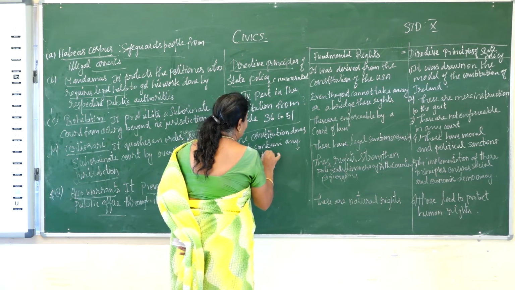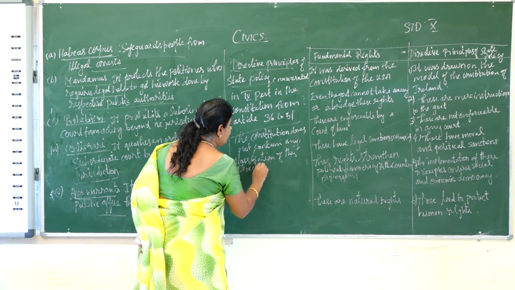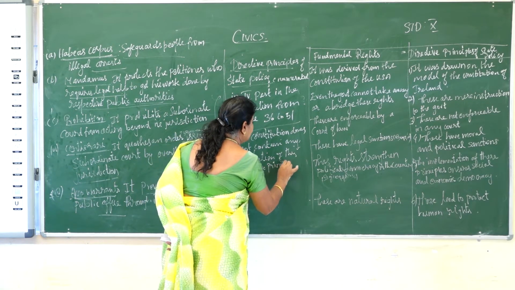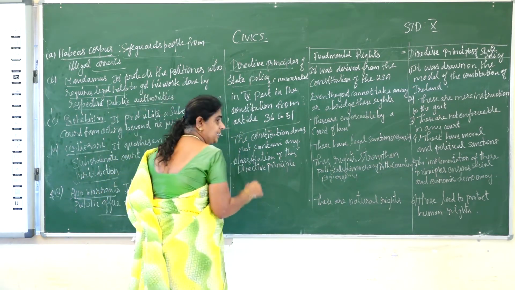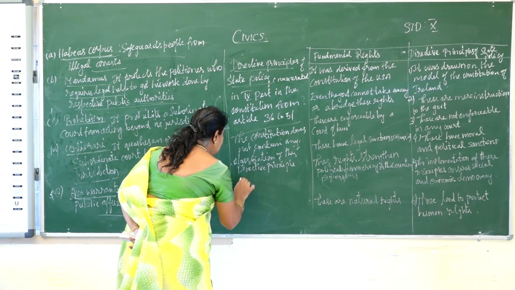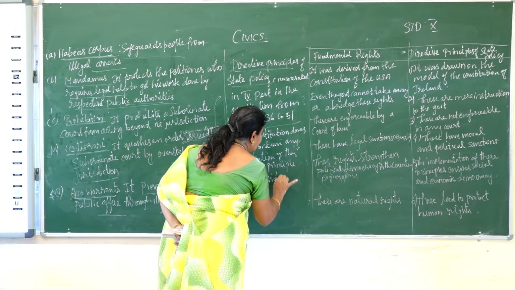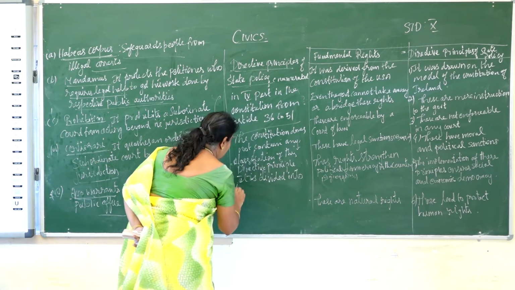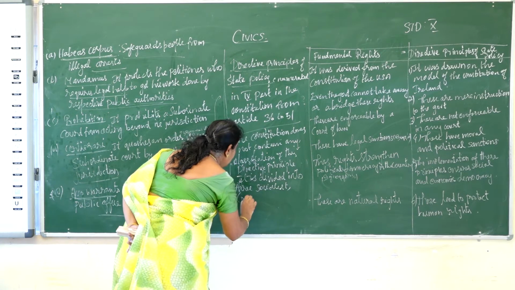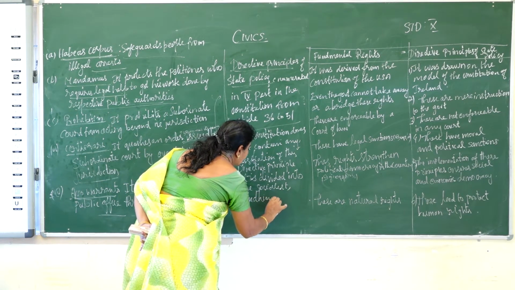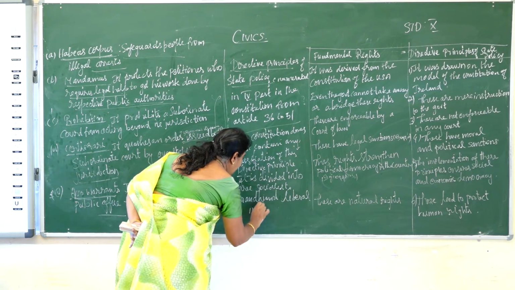But however, based on their direction and content, it is divided into 3: socialist, Gandhian, and liberal-intellectual.